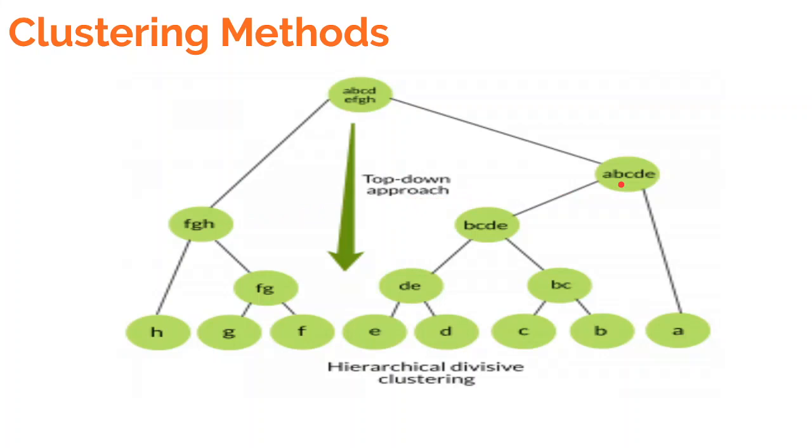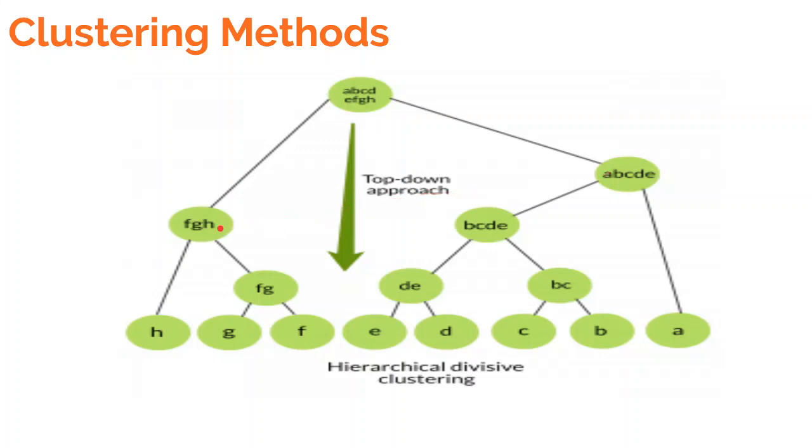Since this is a rigid approach, once this cluster is broken down into two different clusters, these two clusters cannot be merged back into the previous cluster. So once this breakdown has happened, it remains permanent.